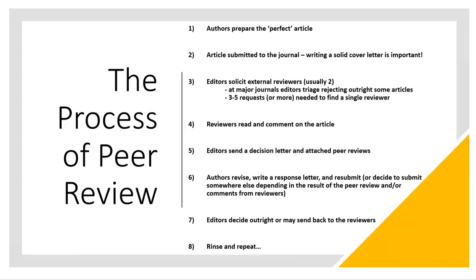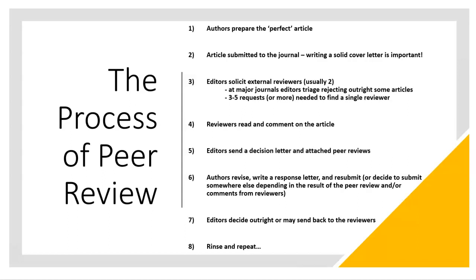But if you get through that first hurdle of getting past the editor, and in smaller journals they do it right away, they often send it to usually 2 reviewers. And this is an old number, I think: 3 to 5 requests are needed to find a single reviewer. So think about this: if you have an edited journal, which I have not, but I have a lot of colleagues who do, it's a lot of work to find reviewers, especially now.